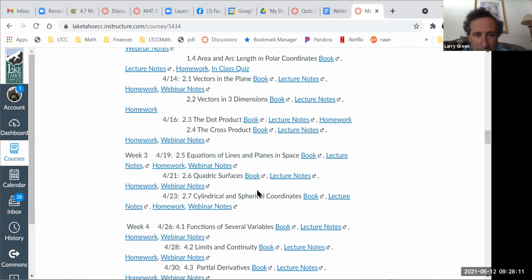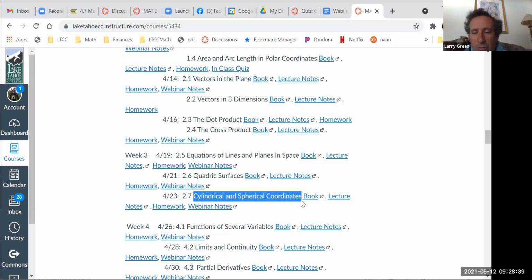Okay. Then there are cylindrical and spherical coordinates. That's for 3D. Cylindrical is basically polar, but you stick on a z. Spherical gets more complex. Remember that x is equal to rho cosine theta times the sine of phi.